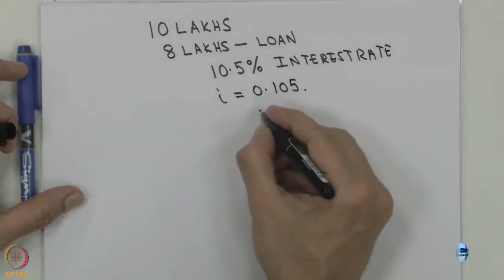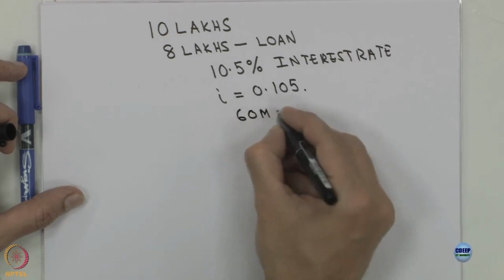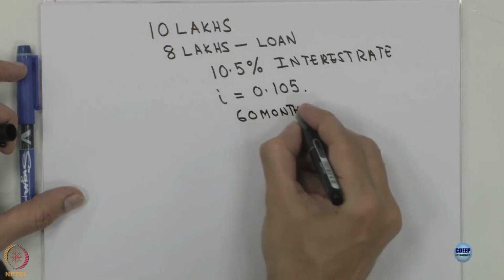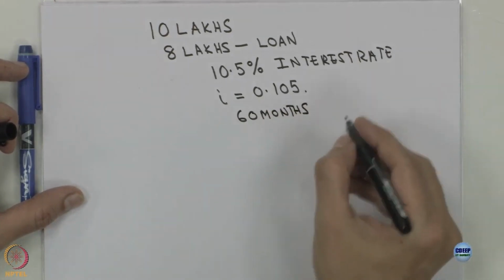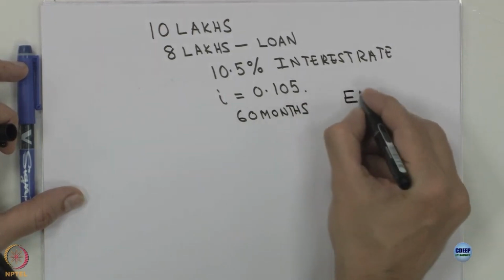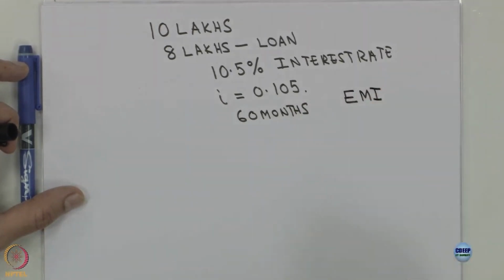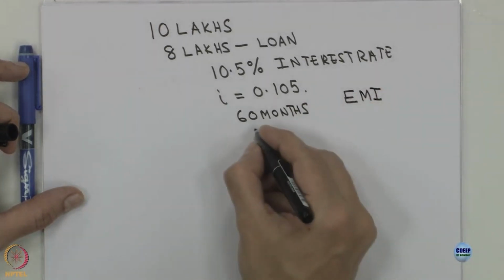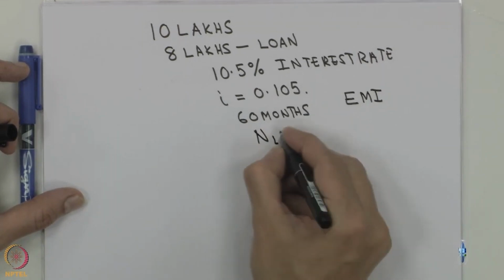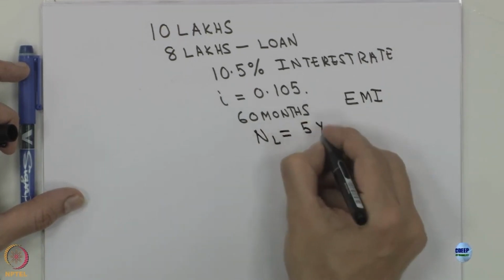This has to be repaid in a period of 60 months. So we want to calculate how much will be the monthly EMI, equated monthly installment. So NL then is 5 years.